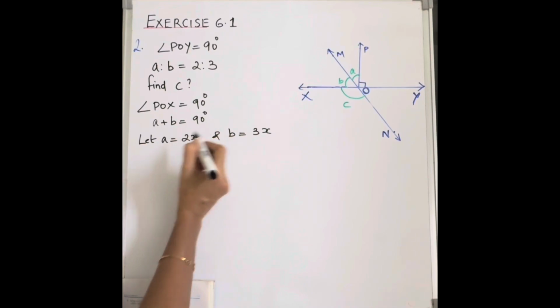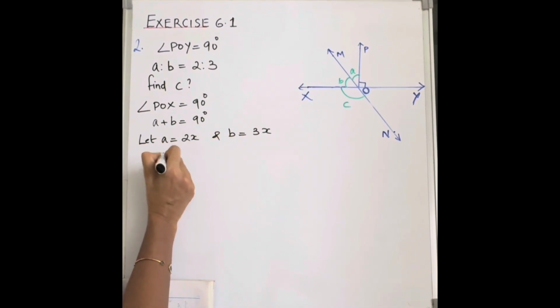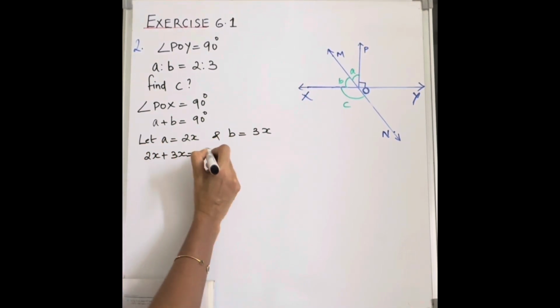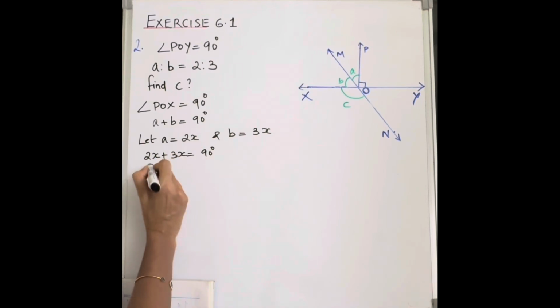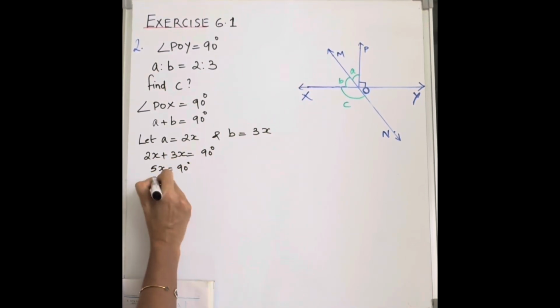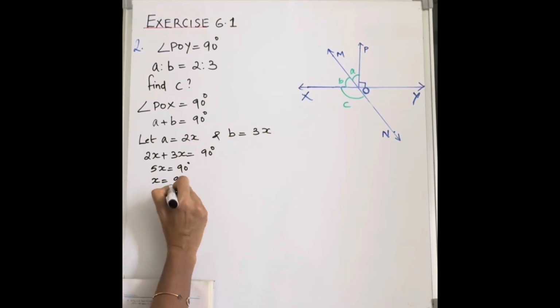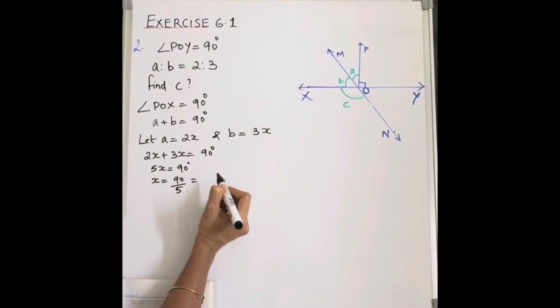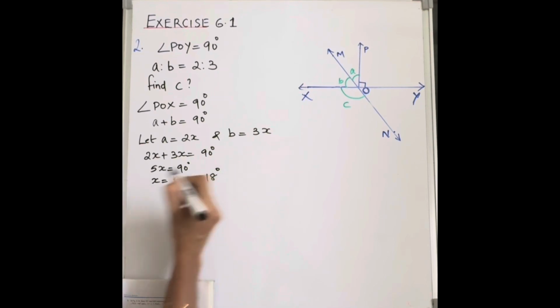So A plus B, we can write 2x plus 3x is equal to 90 degrees. That is 5x is equal to 90 degrees. x is equal to 90 by 5, which gives you 18 degrees.